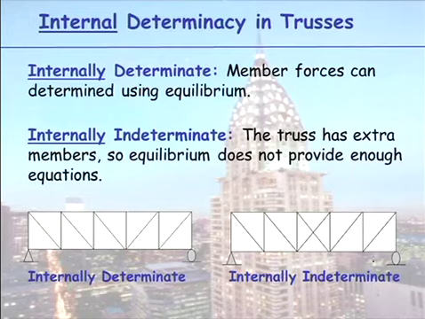If you have extra members here, now the way this is drawn, there is no joint in the middle here. What you have here is you just have 2 members going past each other. So can you see you have an extra member in here? And if you now try to calculate all the member forces in there, you would not be able to do it. There are extra members in there. Why do we put extra members in there?